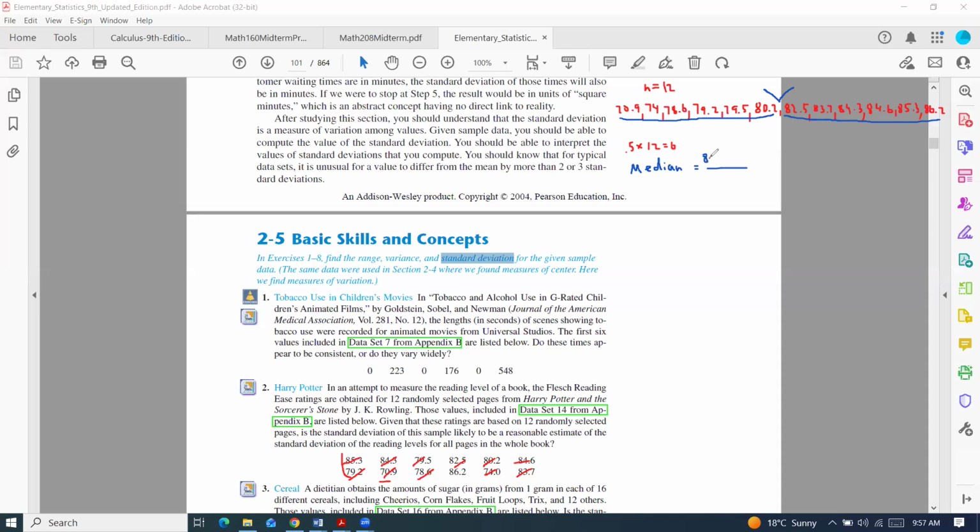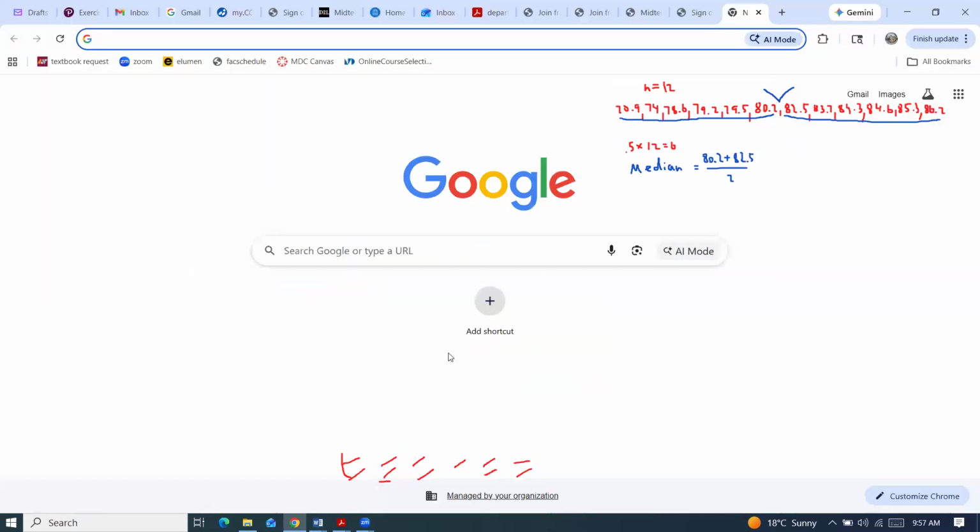So 80.2 I need to add to 82.5 and divide this sum by 2. Take the average. That's how we need to find whatever should be in the center, whatever is in the middle. And if you're not sure, you can always use a calculator to not make little mistakes.